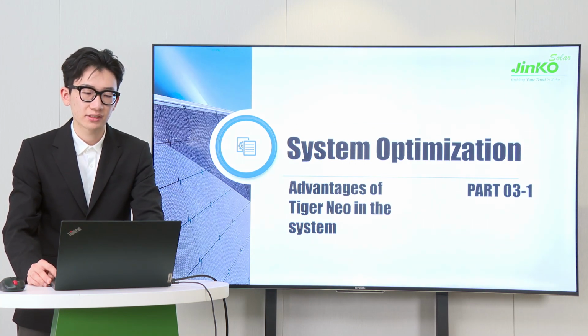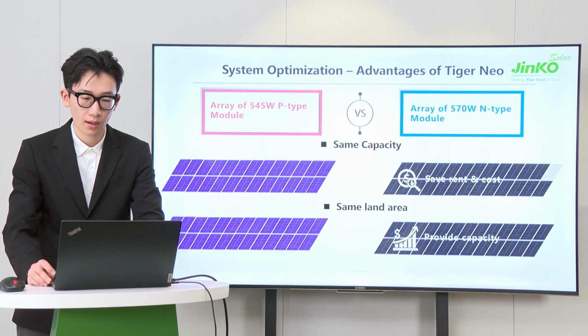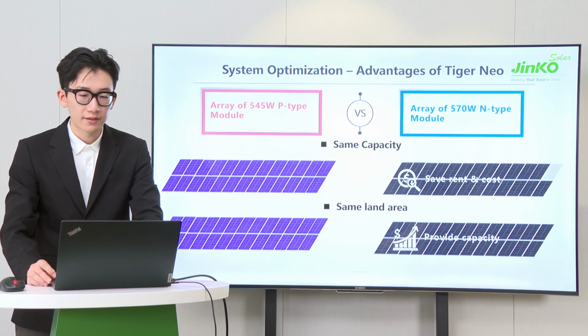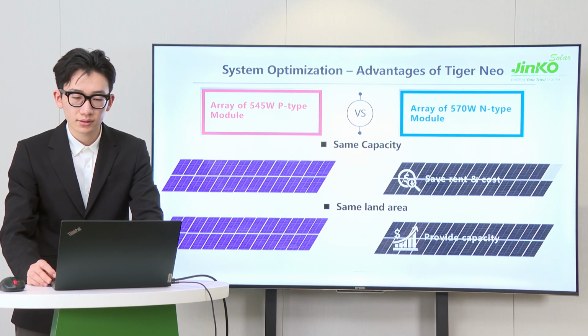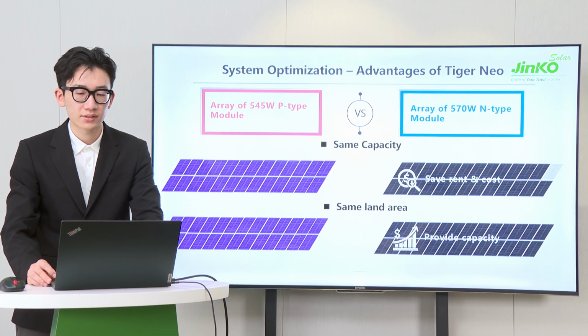In the end, using Tiger Neo PV modules in the system can bring many advantages and help our client optimize their project. We can compare the difference between using 545 watt P-type modules and 570 watt N-type modules in a project.